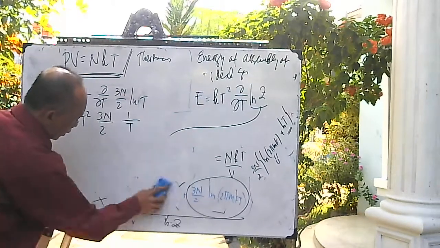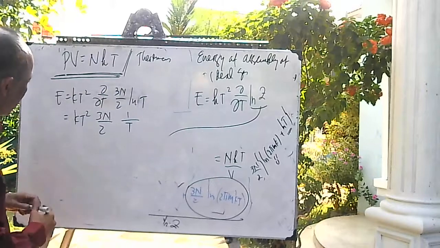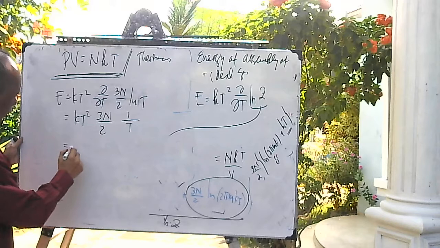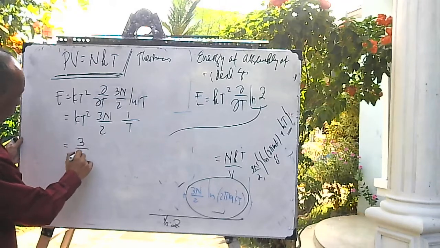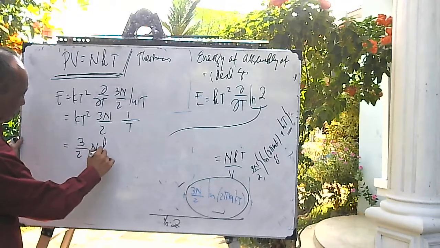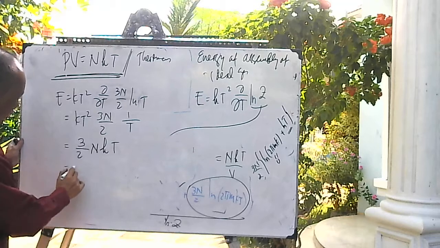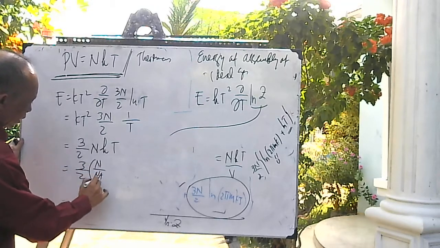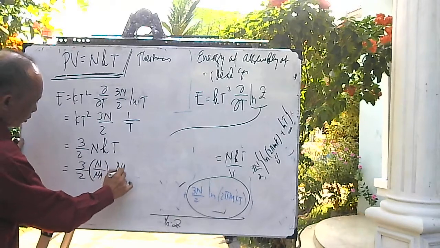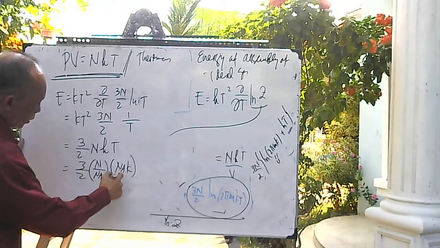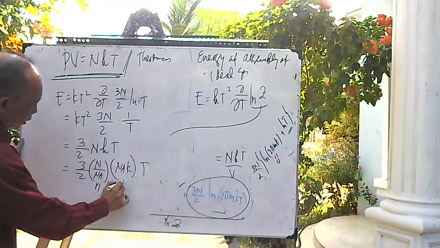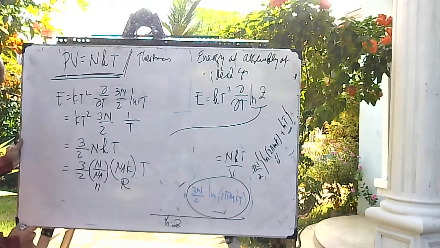So we obtain T squared, this is over T, then 3 over 2 nkT. And we can write this 3 over 2, n over N_A, where N_A is Avogadro, and Avogadro multiplied by Boltzmann constant, and n the mole, this is the universal gas constant.